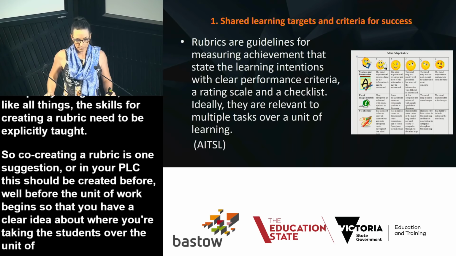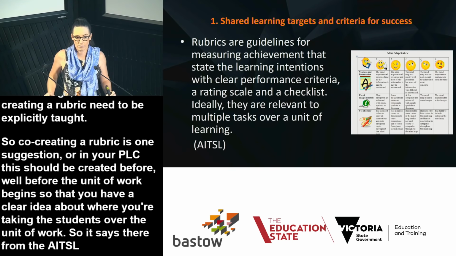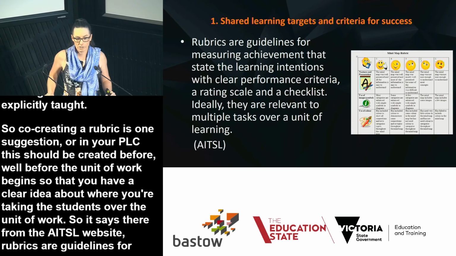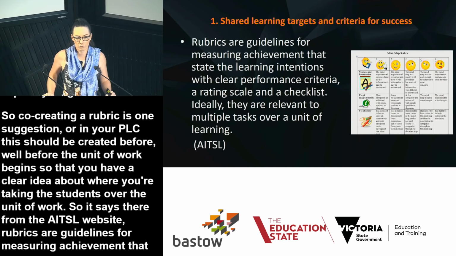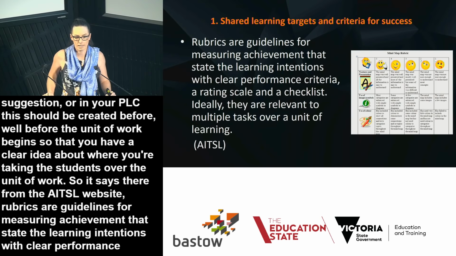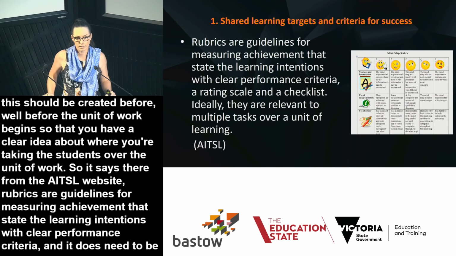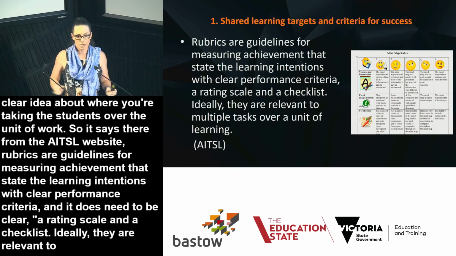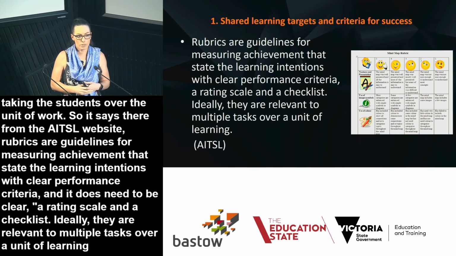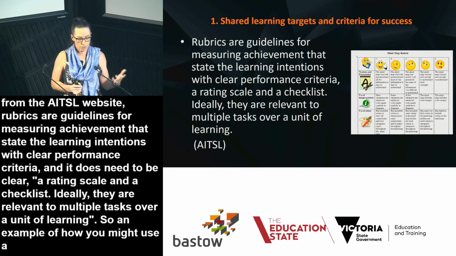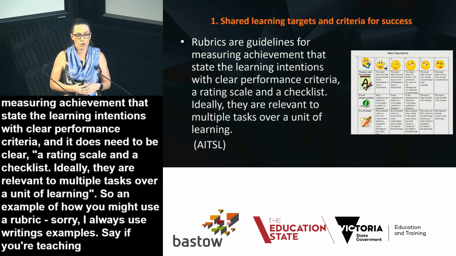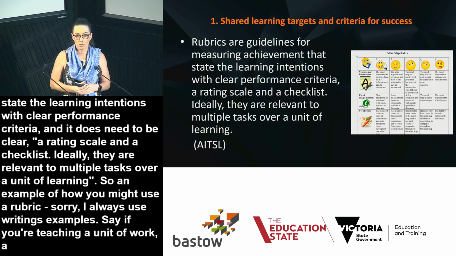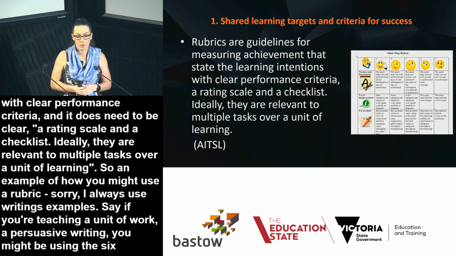So it says there from the ATSA website, rubrics are guidelines for measuring achievement that state the learning intentions with clear performance criteria, and it does need to be clear, a rating scale and a checklist. Ideally, they are relevant to multiple tasks over a unit of learning. So an example of how you might use a rubric is if you are, I always use writing examples. Say if you're teaching a unit of work, a persuasive writing, you might be using the 6 traits approach.